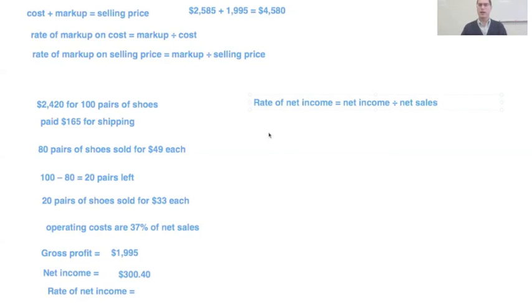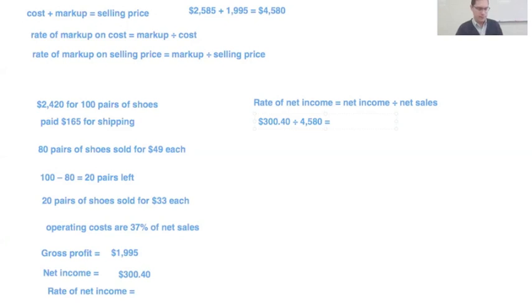So we just figured out what the net income is. That's going to be $300.40. Net income $300.40 divided by the net sales. And remember what that is. That's the total amount of money received for the sale of the shoes. $4,580.